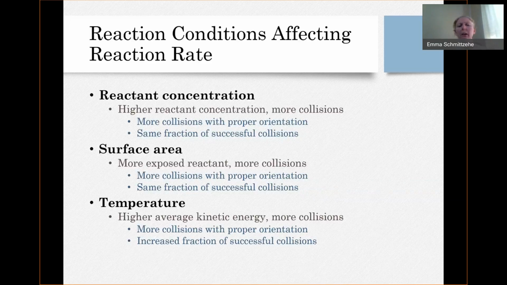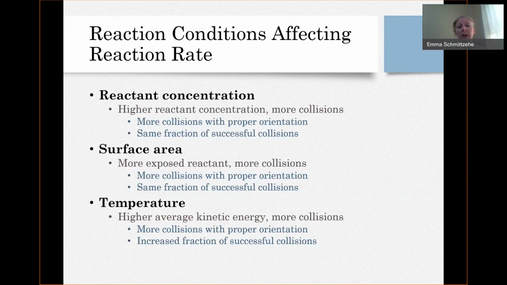And let's see, the other thing that I had on the list was catalysts. But I don't have it listed here because a catalyst, if you add a catalyst, it speeds up the reaction, but that's it. Either you have a catalyst or you don't. So either it's going at the rate without the catalyst or it's going at the rate with the catalyst. Okay.